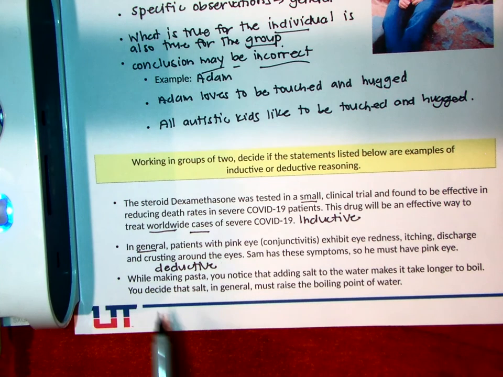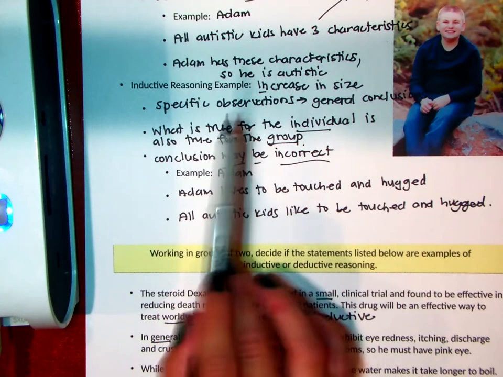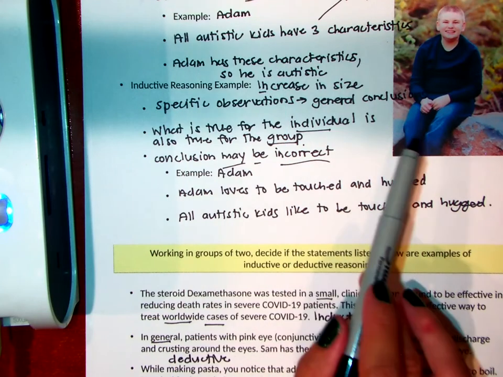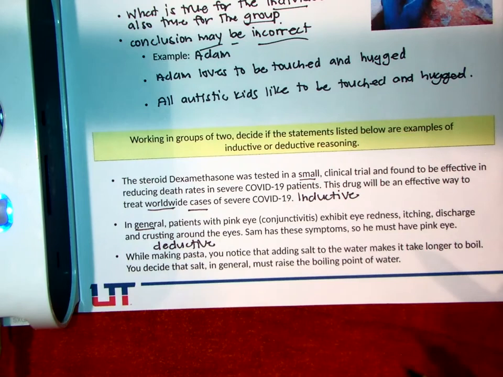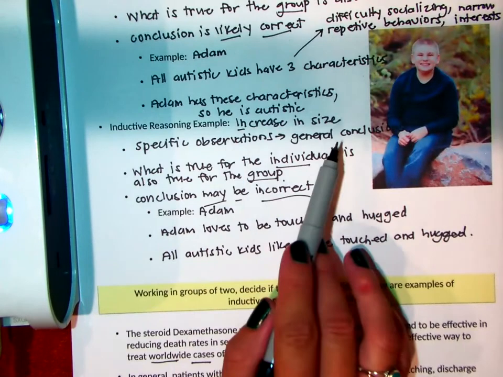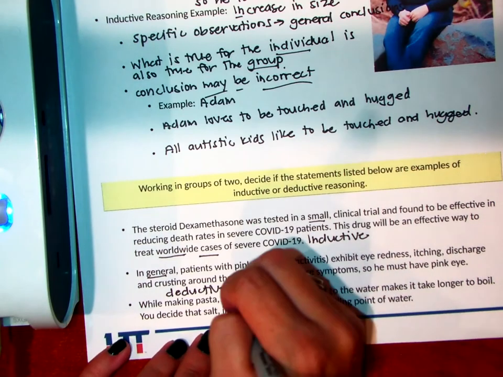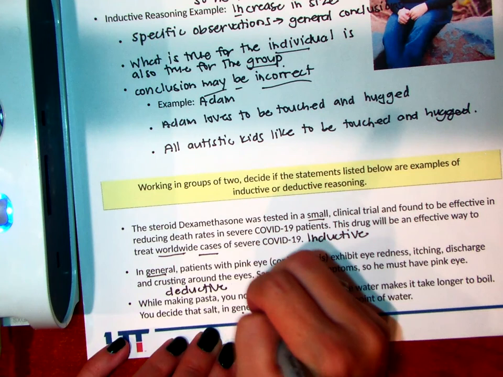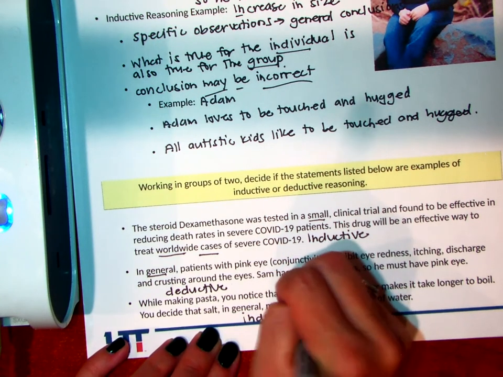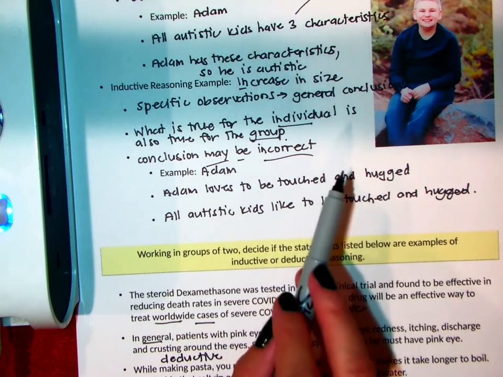So this is going from a specific observation about your little boiling pot of water to a general conclusion that this is how all water behaves. So you're increasing in size. So this is going to be inductive reasoning. And again, your conclusion may be incorrect on this.